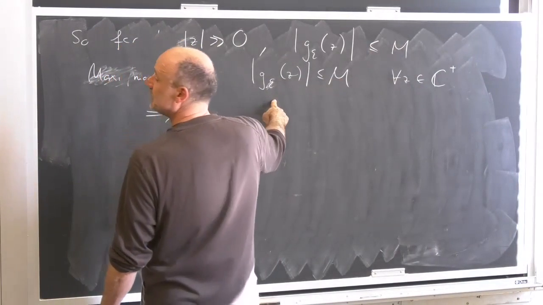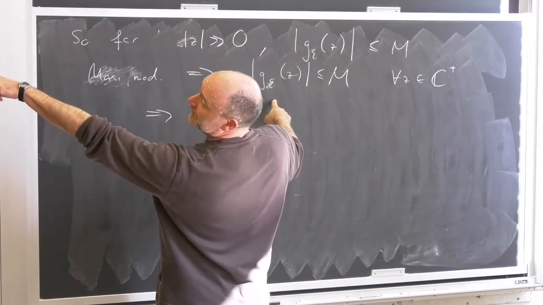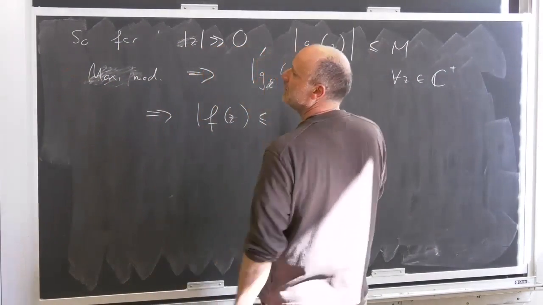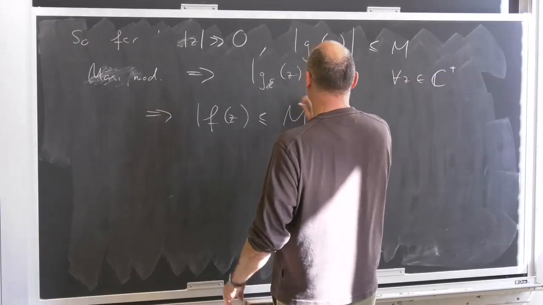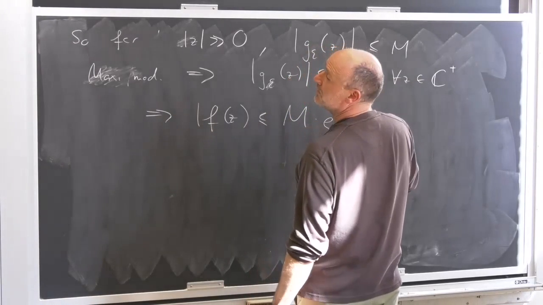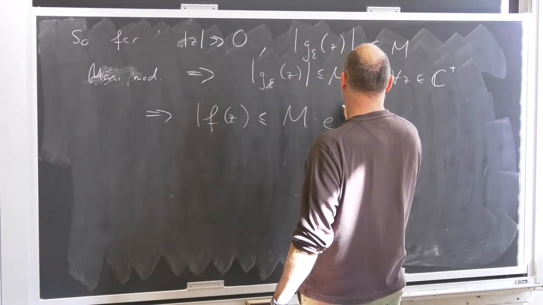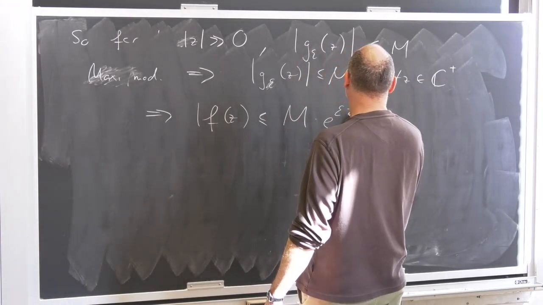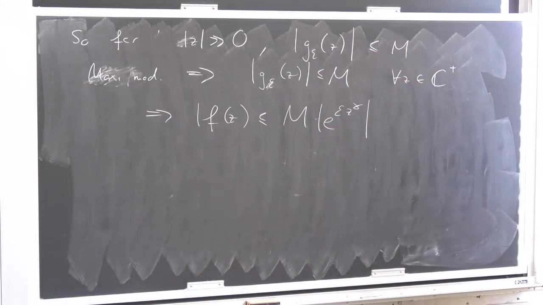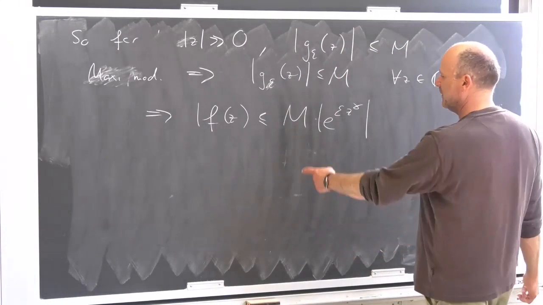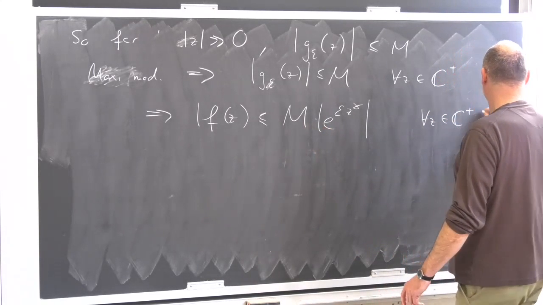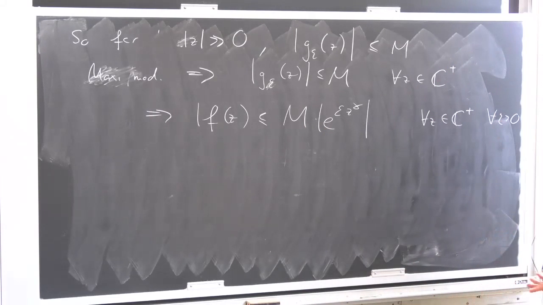But that now means that the absolute value of f of z is less than or equal to M times e to the epsilon times z to the gamma, for all z in C plus, and for all epsilon, because epsilon was an arbitrary parameter.